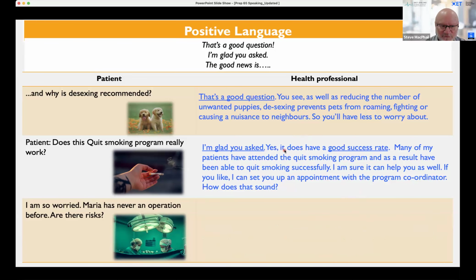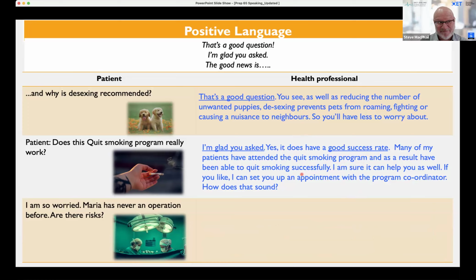First of all, we're being positive, that was a very valid question. Then we're reassuring it does work, it has a good success rate. Drawing on past experiences with patients is a good way to reassure. Remember, you're acting here, right? You're acting as a health professional, right?